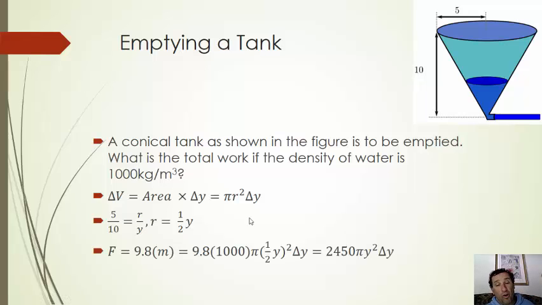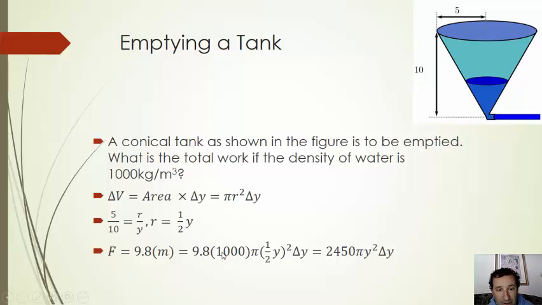So now I can find the force. Remember, the force is equal to the mass times the acceleration. The acceleration is 9.8. The mass I'll call m for now, but I need to find the mass. We know that the density is 1,000 kilograms per meter cubed. If I take the density and multiply by the volume, I'll get the kilograms, because meters cubed is a volume unit.